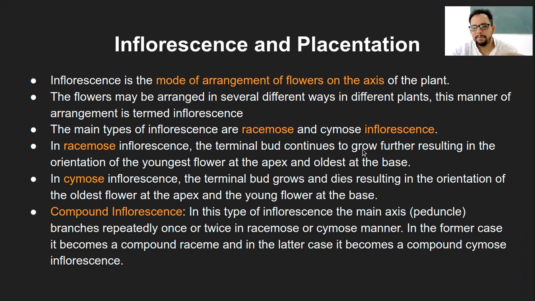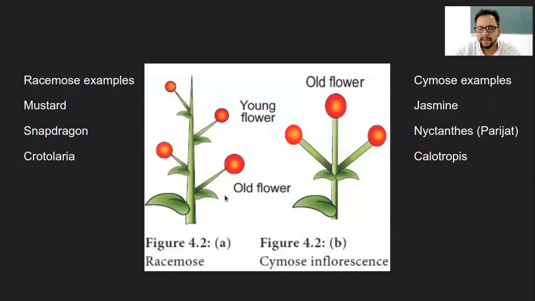That is racemose inflorescence. For example, in this type you can see these are the old flowers and the branch is growing further, and the young flowers keep coming as the twig or the branch grows.